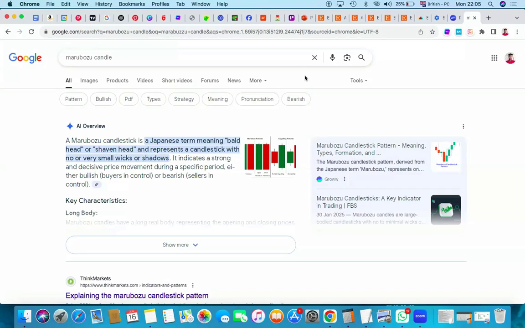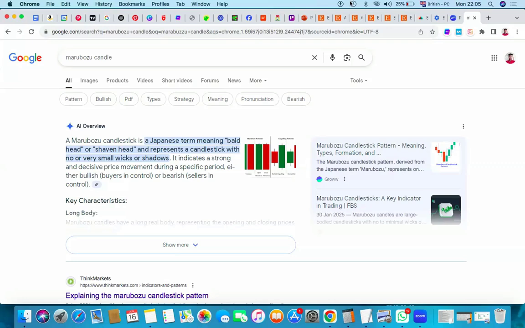I believe we talked about it the last time, and now it's just for me to emphasize it before I go back to our main discussion. So for you to have your institutional candle, you want to have consecutive Marubozu candles.